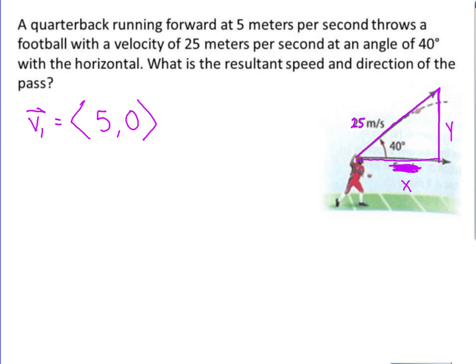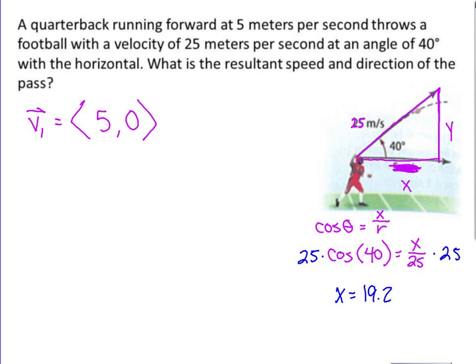Now remember, cosine of theta is equal to the x over r, or the cosine of 40 is equal to x over 25. To get the x by itself, we are going to multiply both sides by 25. And we're going to get that x is 19.2.